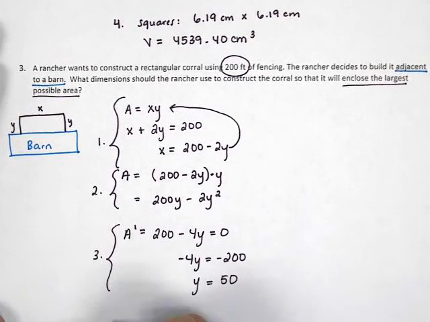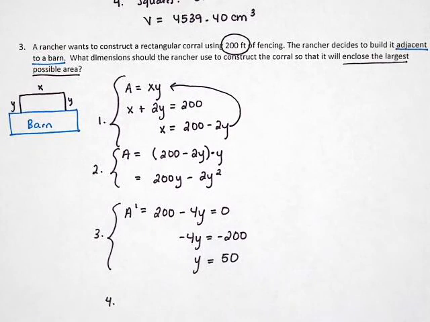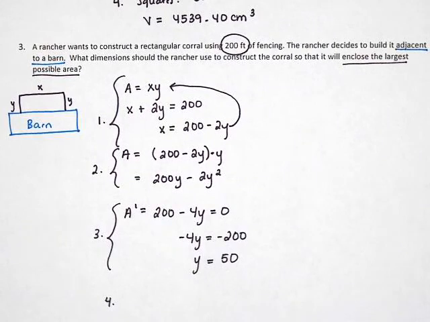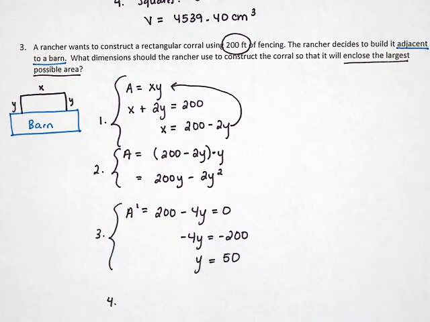However, the last part is to make sure I answered all of the questions. So the question says, what dimensions should the rancher use to construct the corral so it will enclose the largest possible area? Although it's good to know that y should be 50, that doesn't mean that's all of the dimensions.